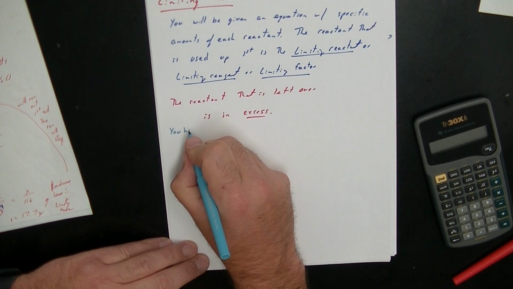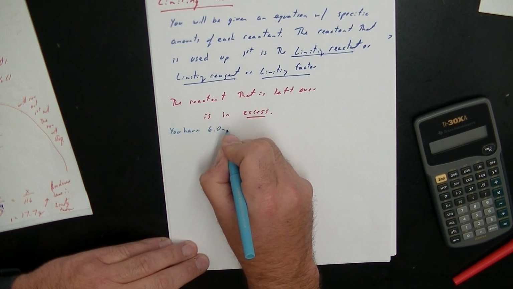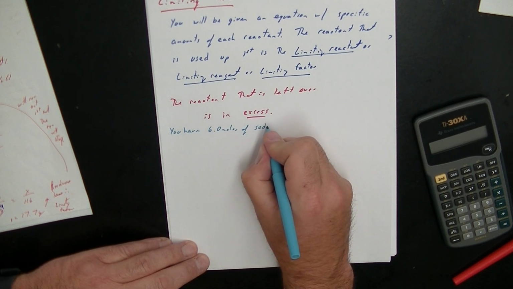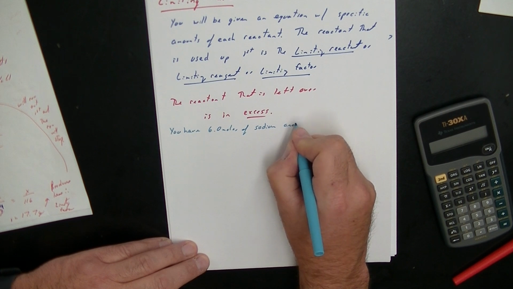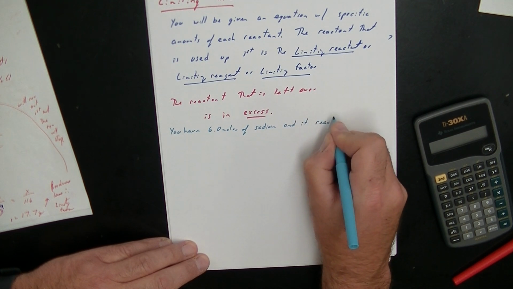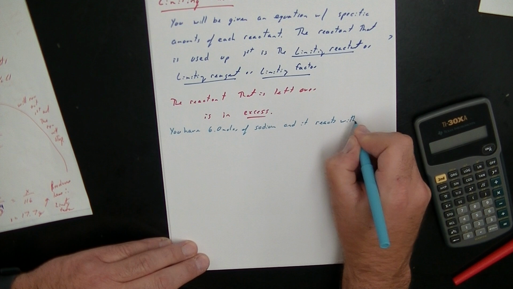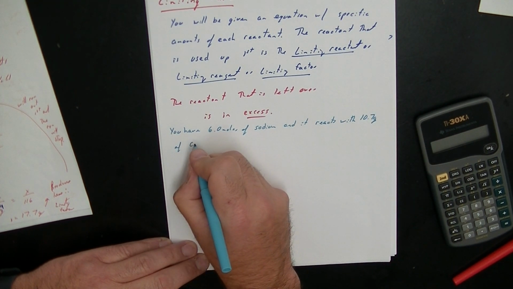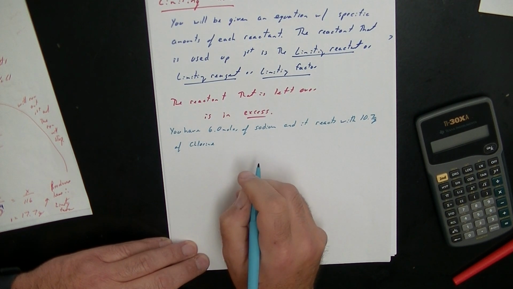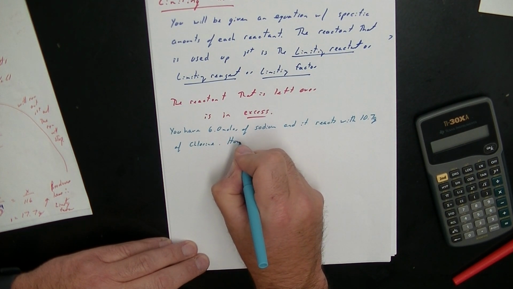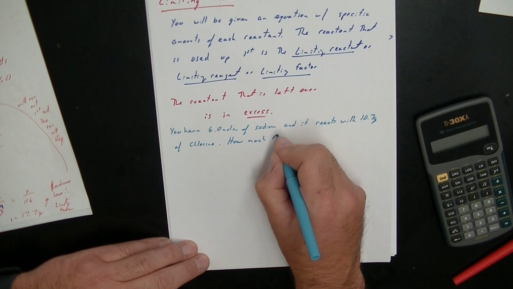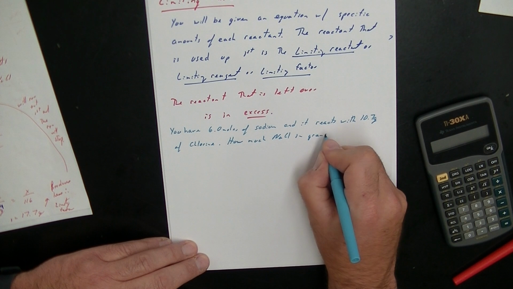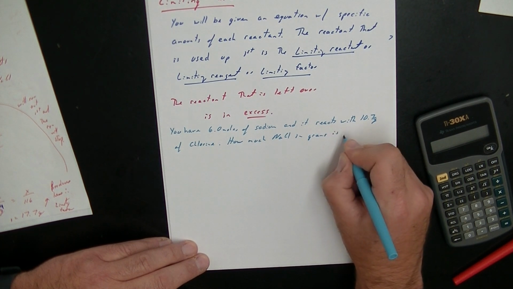You have 6.0 moles of sodium and it reacts with 10.7 grams of chlorine. How much NaCl in grams is produced?